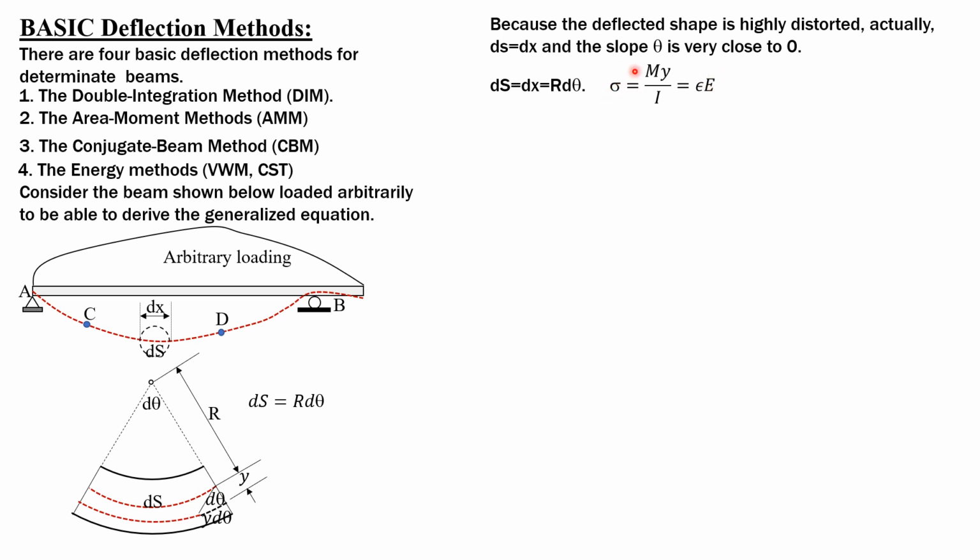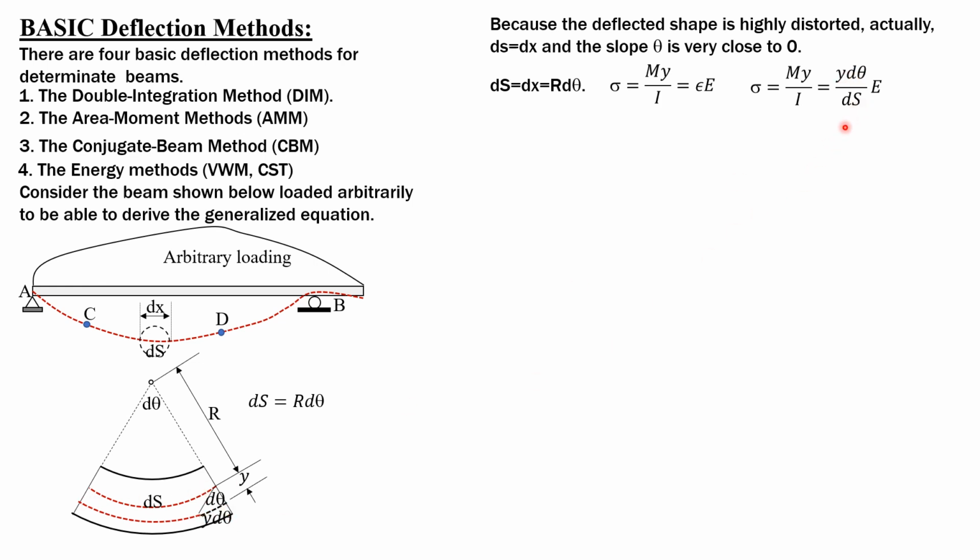So stress is proportional to strain, or stress is equal to modulus of elasticity times strain. Then this strain here is equal to this deformation y d theta divided by the original length, which is ds. So sigma, which is equal to My over I, is also equal to E times strain, which is y d theta divided by ds.